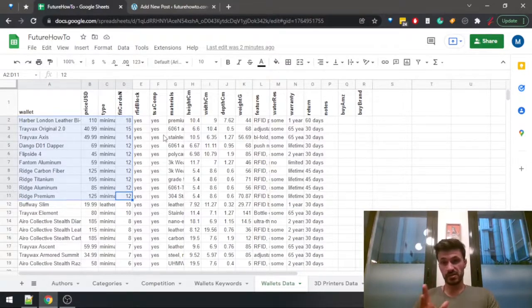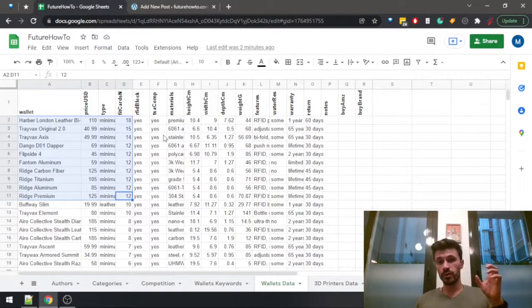Now, besides choosing the items for the list article, there's an extra step that I always recommend doing when writing list articles, and that's to go even one step deeper and add another use case on top of the primary use case we're already covering.